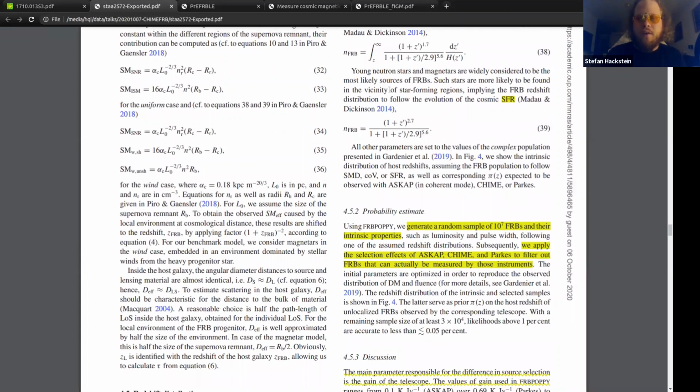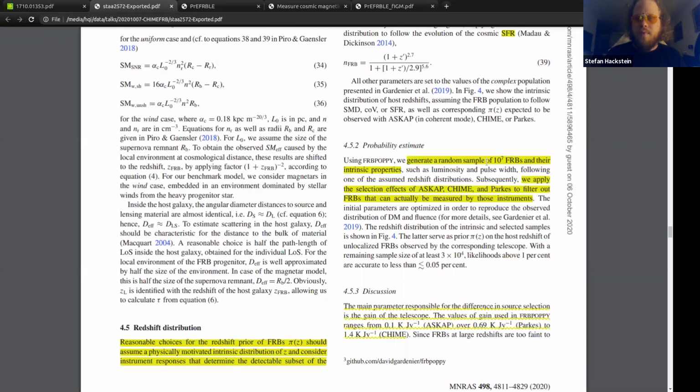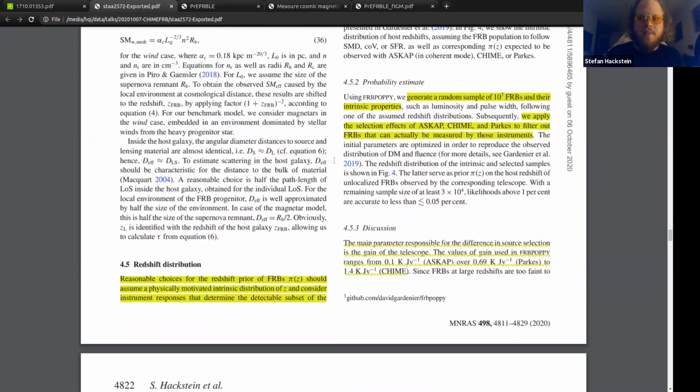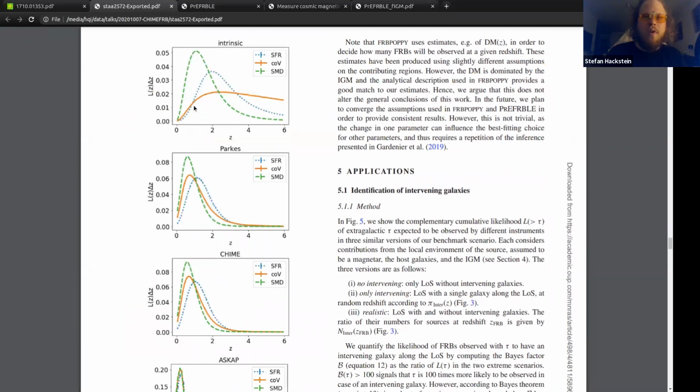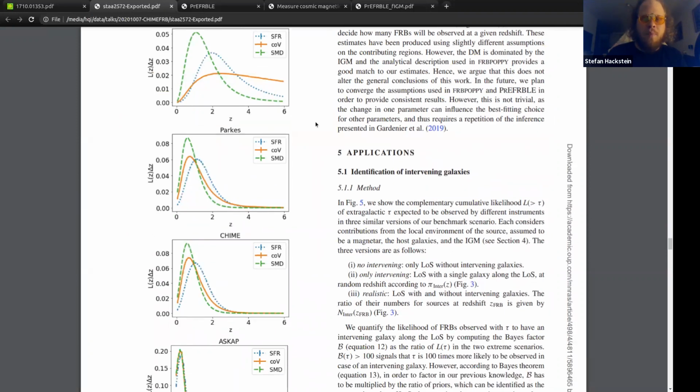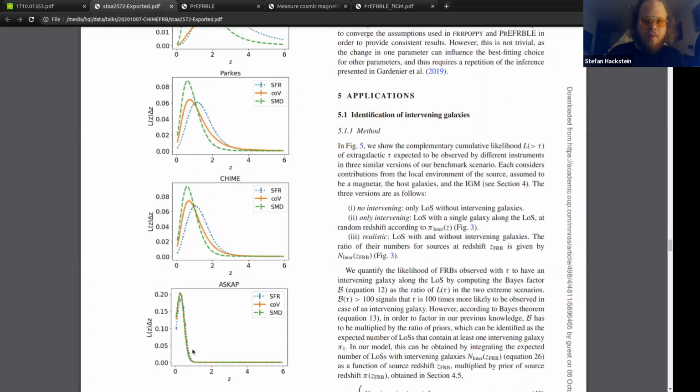And then, using these functions for the density, we sample a few million fast radio bursts and their intrinsic properties, and then apply the selection mechanisms of the telescopes. So starting from the intrinsic distribution of fast radio burst redshifts in the upper plot, we arrive at the expected distribution of redshifts for different kinds of telescopes that I guess you all know.